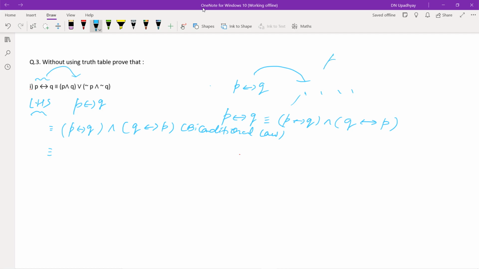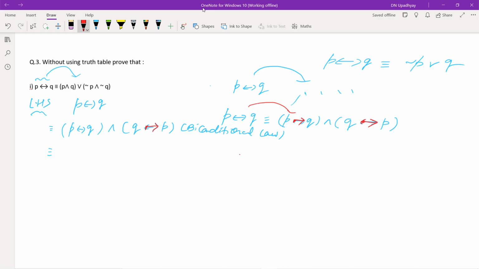So what is the conditional law? It says that P implies Q can be written as negation P or Q. Sorry, my mistake, I made a mistake here.